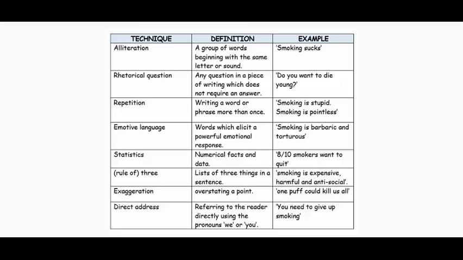Statistics are numerical facts and data. 8 out of 10 smokers want to quit is a statistic, and the rule of 3 is a list of 3 things in a sentence, such as smoking is expensive, harmful and antisocial. Exaggeration is where we overstate a point deliberately, like one puff could kill us all, talking about cigarettes, over exaggerating the negative effect. And direct address is referring to the reader with the word you, such as you need to give up smoking.